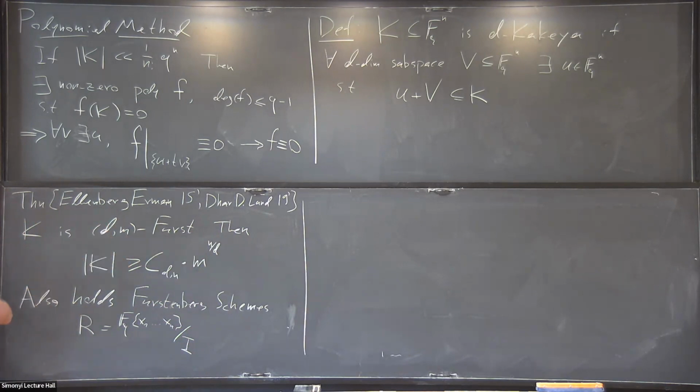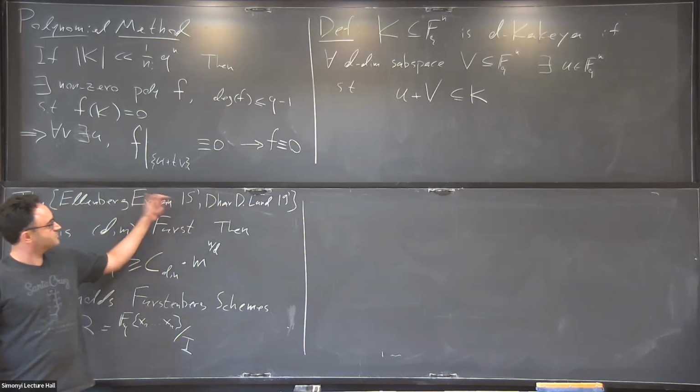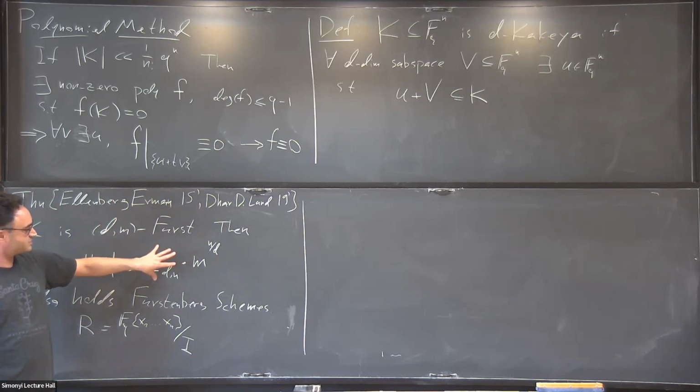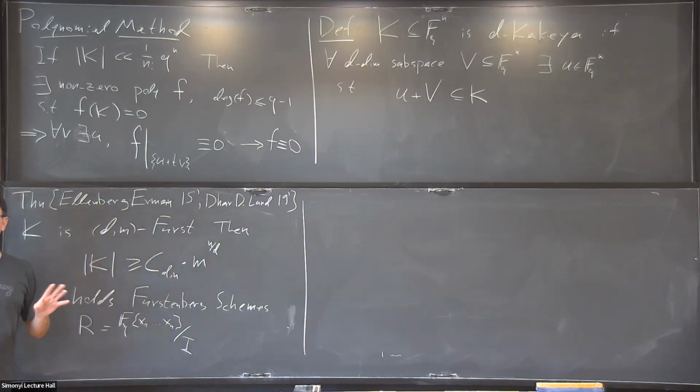Okay. So again, it's something that generalizes finite sets in a very big generalization, and this holds also for Furstenberg schemes. And for schemes, this is tight. So again, we rewrote their proof using more elementary techniques and improved the constant such that even the constant is at least asymptotically the right one.